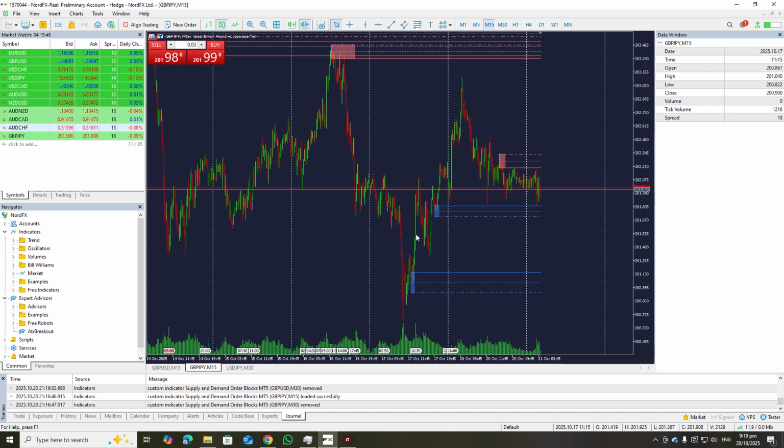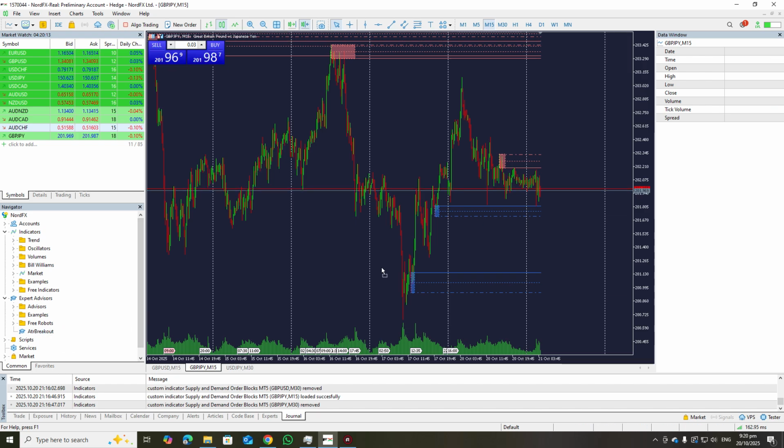Or there may be other ways, because once this gives a signal, it does send an alert as well. And I'm thinking you may be able to use that alert as a signal to automate a trade. I'm not sure. It's something to look into in the future.